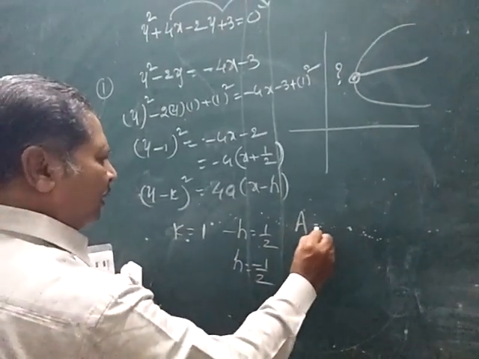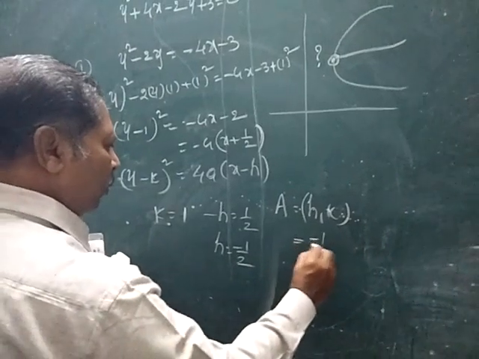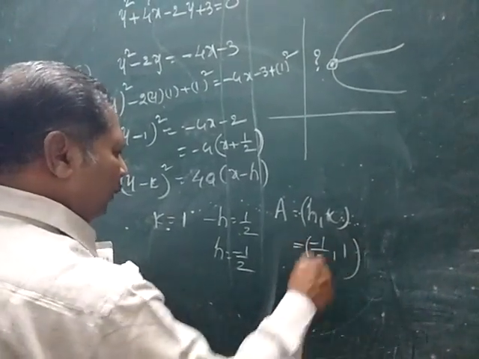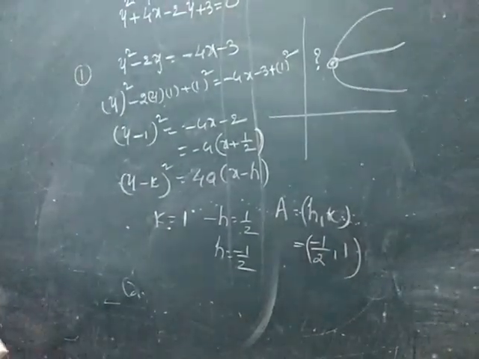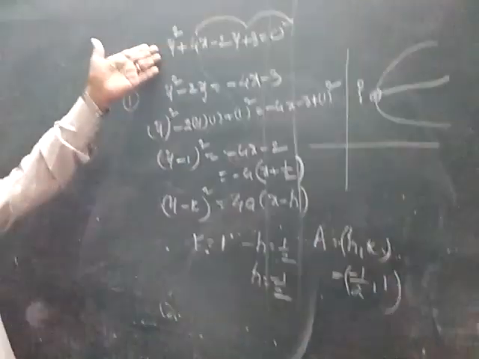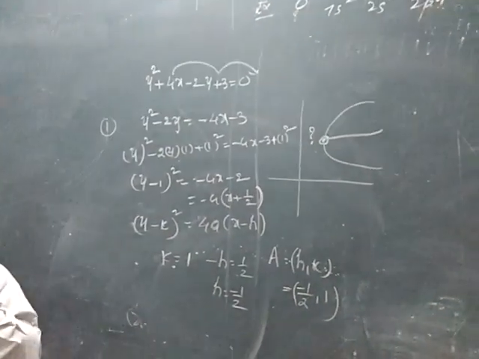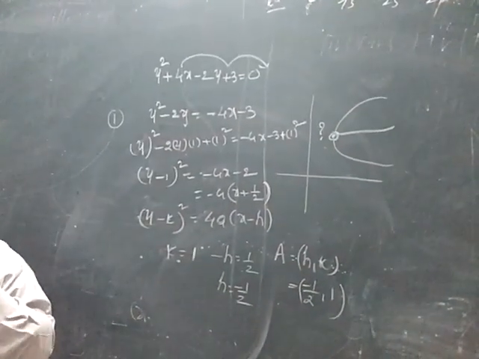So the vertex (h, k) equals (minus 1 by 2, 1). Express the given equation in the form of (y minus k) whole square. Listen, second method.